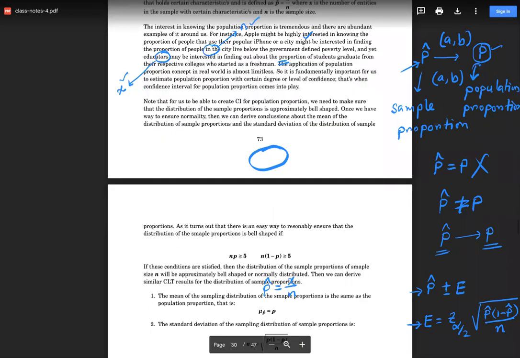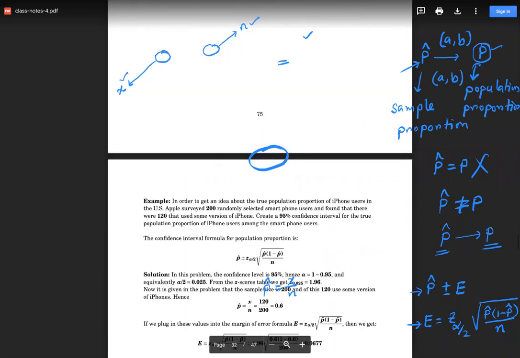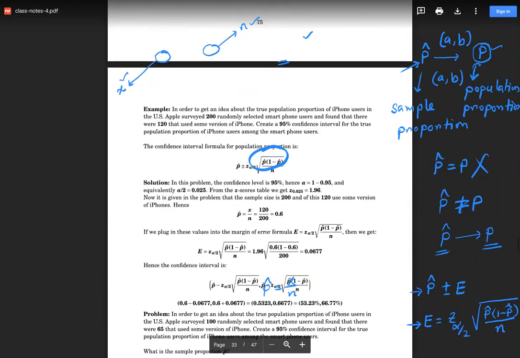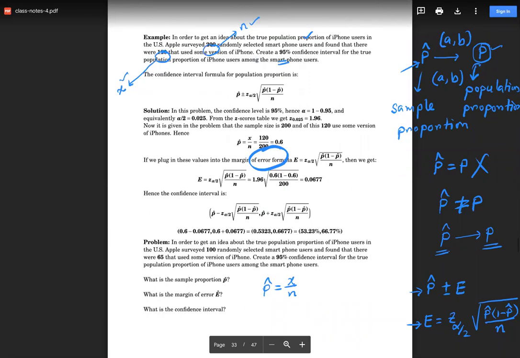So let's go back to the problem. P hat is X over N. As you read the problem, your X is 120, your N is 200. So it's going to be 3 over 5, which is 0.6. So your P hat is 0.6.